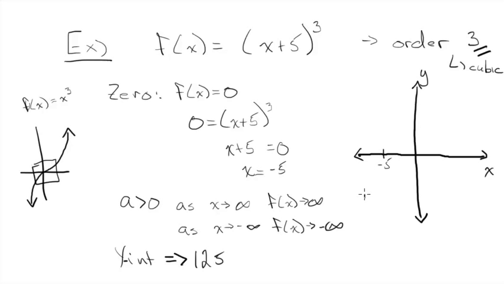So we're going to do something like just touch and then keep going up. So it's not linear because it's curved, and it looks like maybe it's going to do like a parabola thing and start going down, but it doesn't. It starts going back up. And then we're going to go all the way up to our y-intercept of 125.